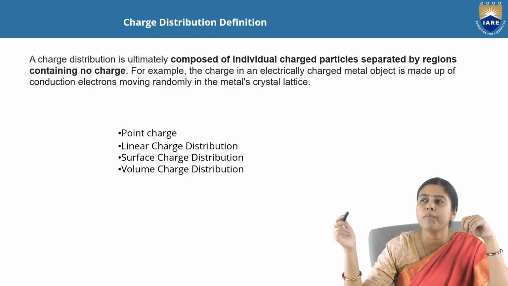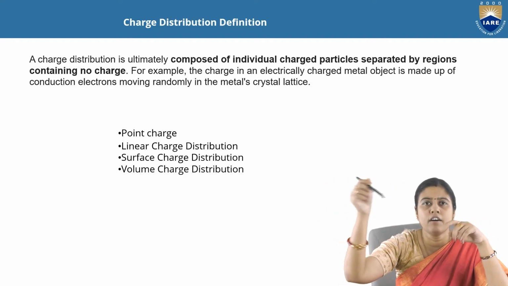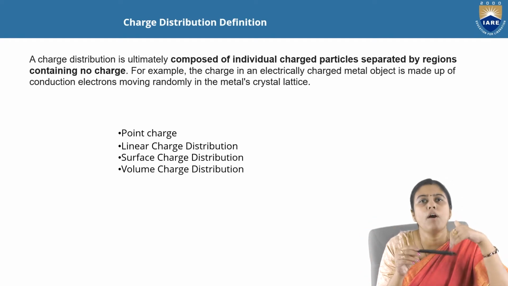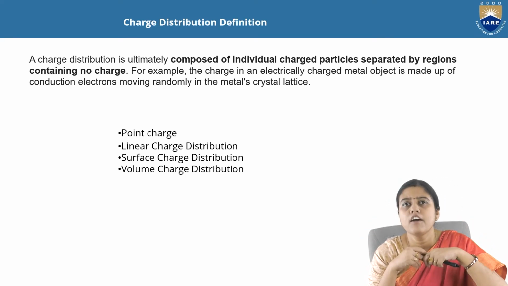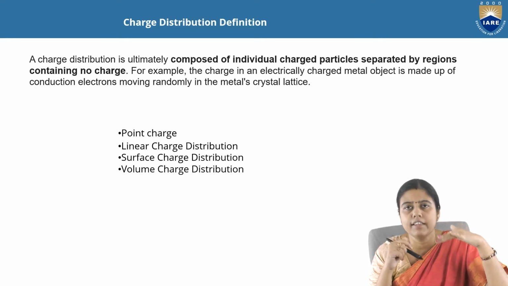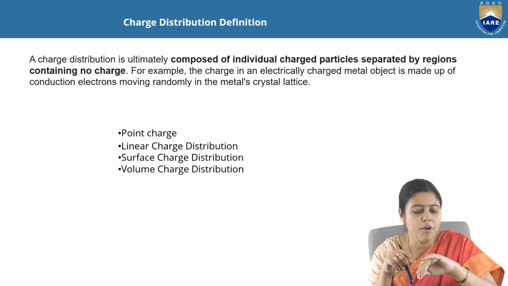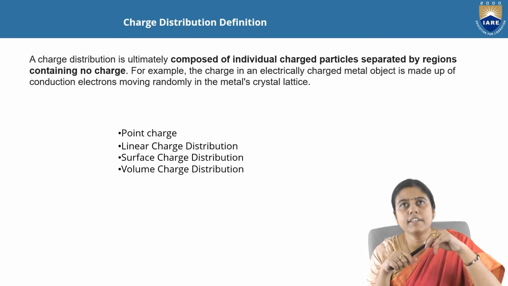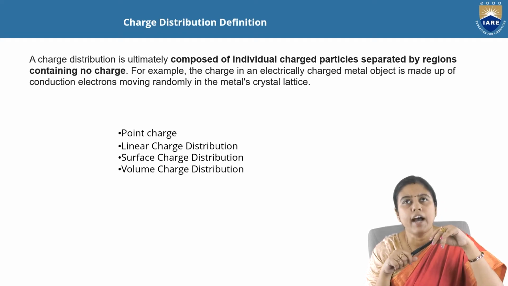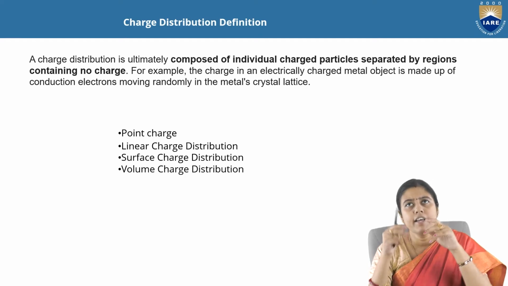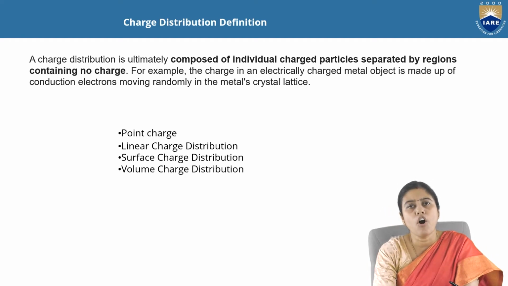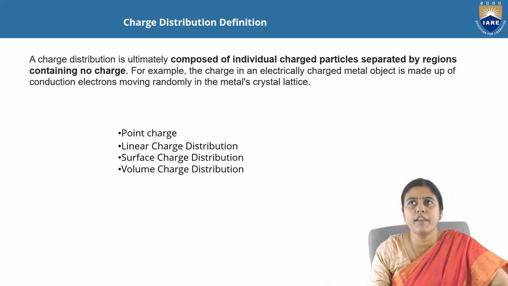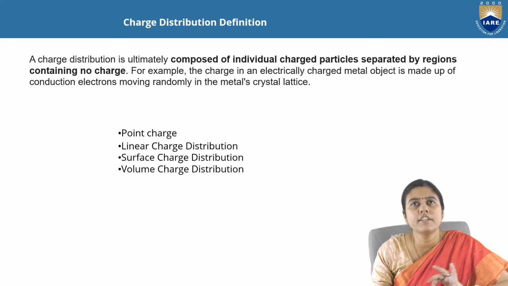What is the meaning of the overhead lines? The lines on the poles. So current is flowing through it. What is the meaning of the flow of current? Flow of current is nothing but the flow of electrons. So when there is a flow of electrons, it is a continuous charge.